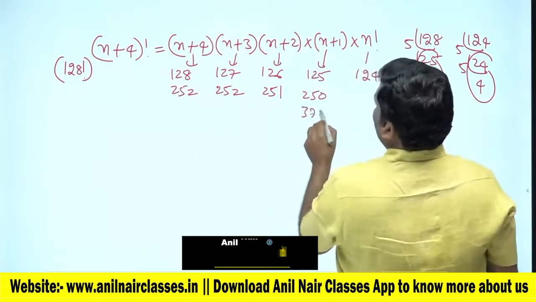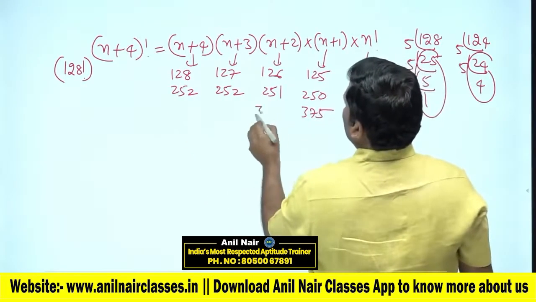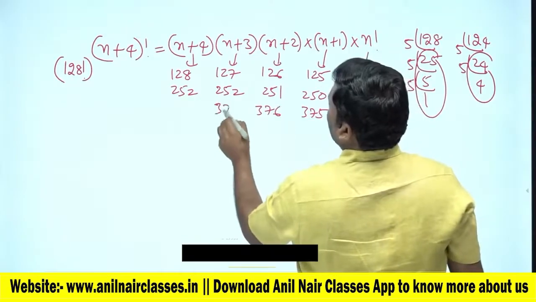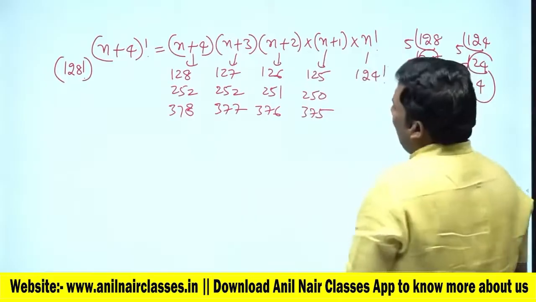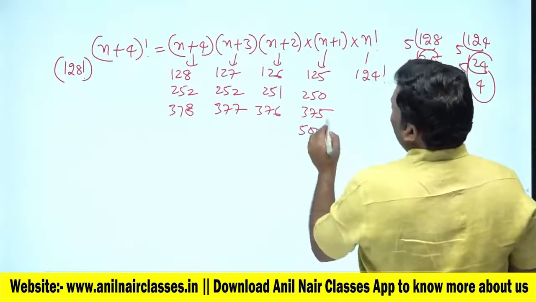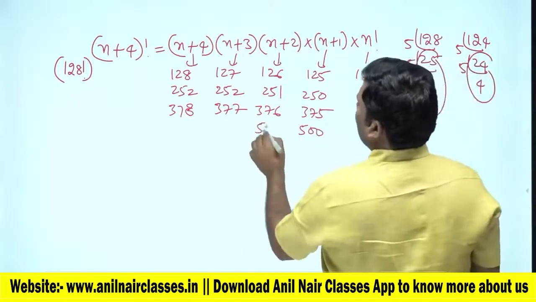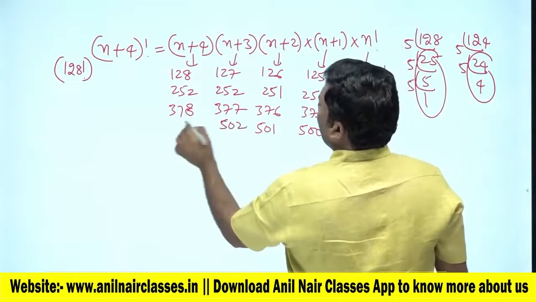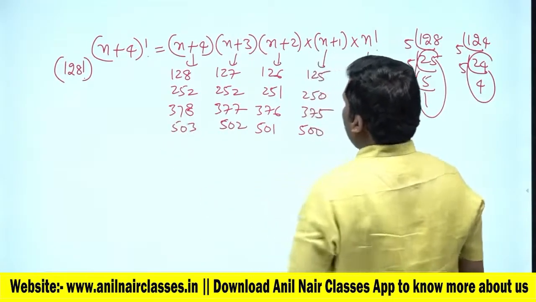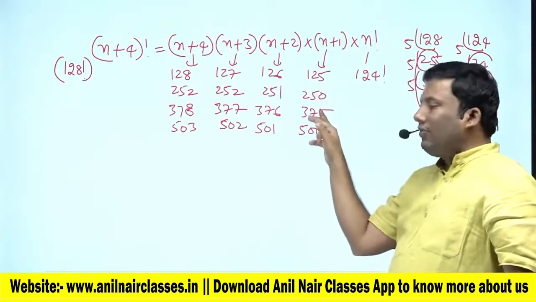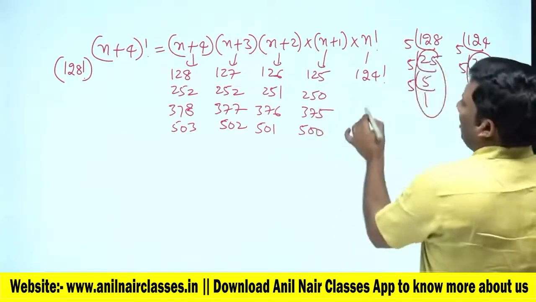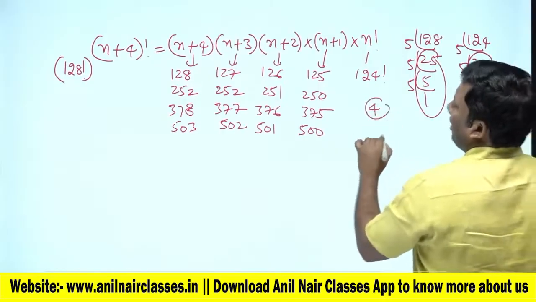It can be 375, 376, 377, 378. Are you all with me? 125 fours are 500, 501, 502, 503. N value will be 124, 249, 374 and 499. How many cases? 4 cases.